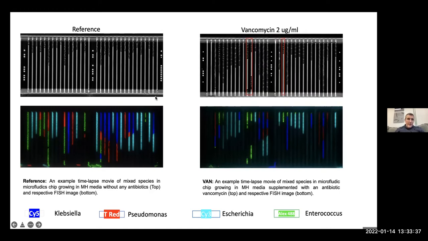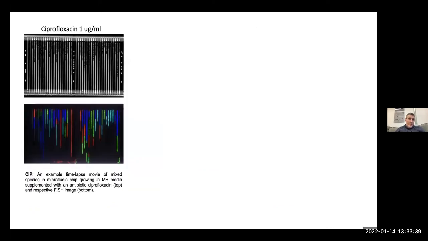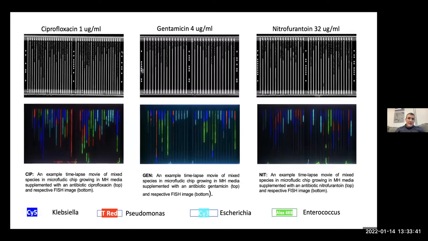We can then do the same for different antibiotics that have different profiles of targeting different bacteria. And if you had a resistant isolate, you would see it as we saw before, that it would not respond to the antibiotic. So this is 4 colors and 4 species.